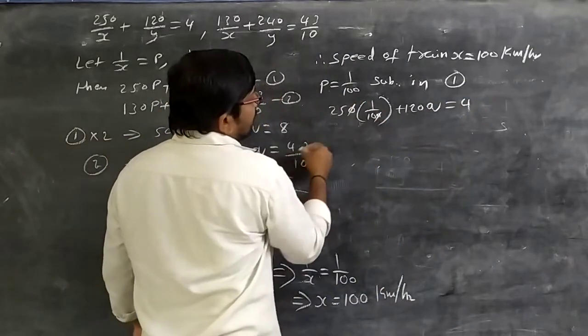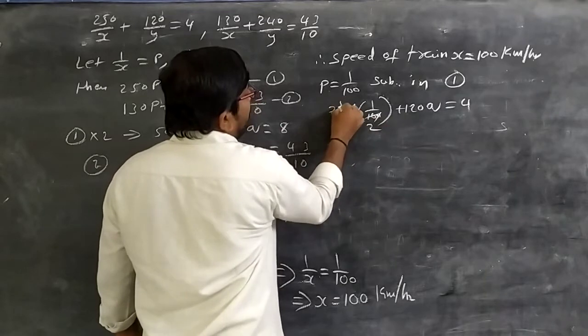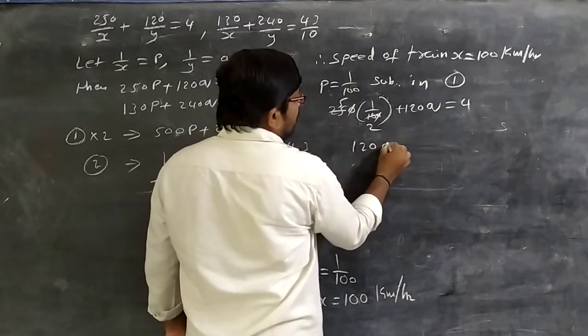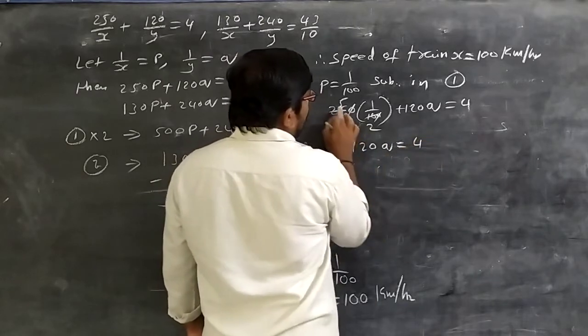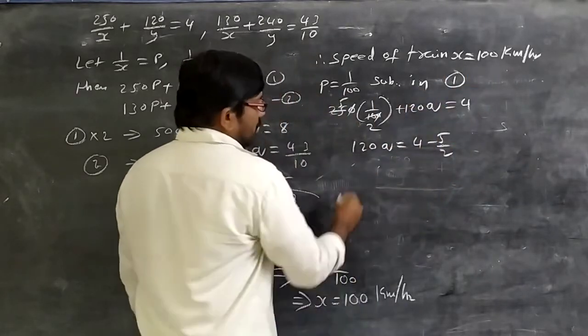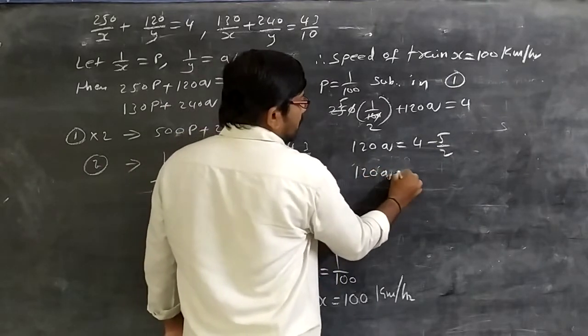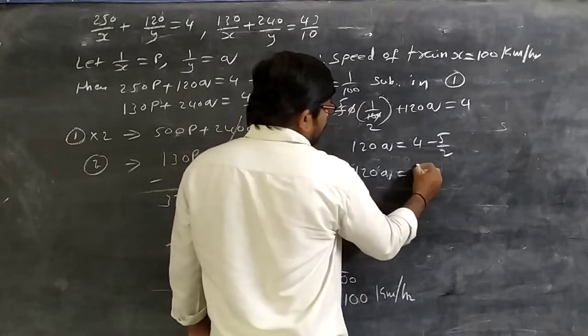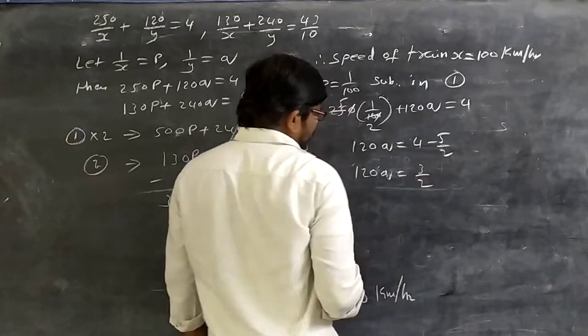Here the zeros cancel, so 5 by 2. Take that side: 120q is equal to 4 minus 5 by 2. 120q is equal to 8 minus 5 over 2, that is 3 by 2.